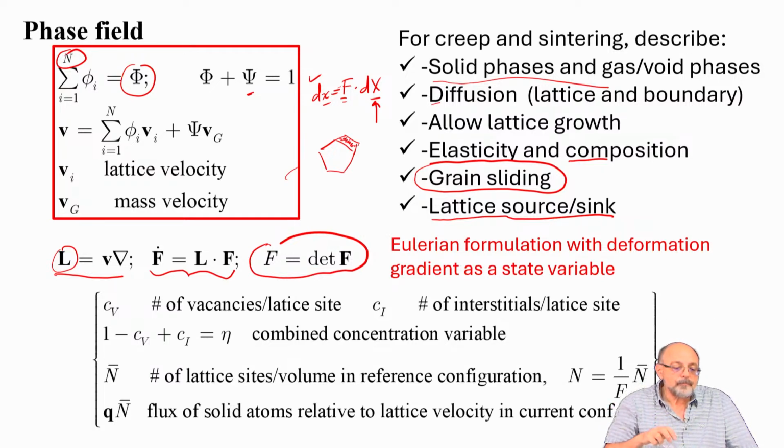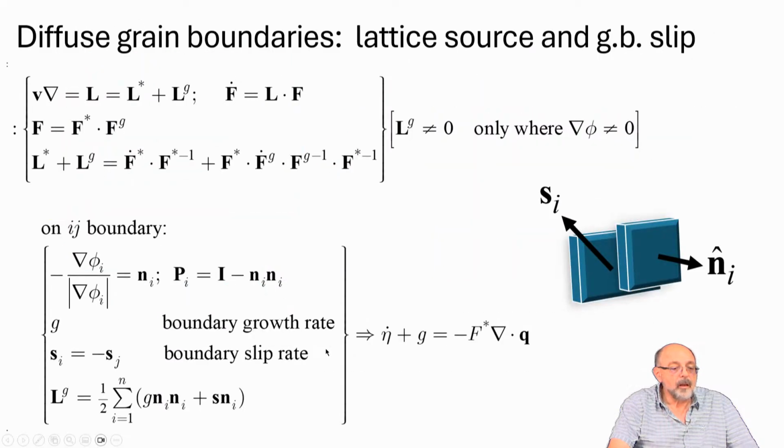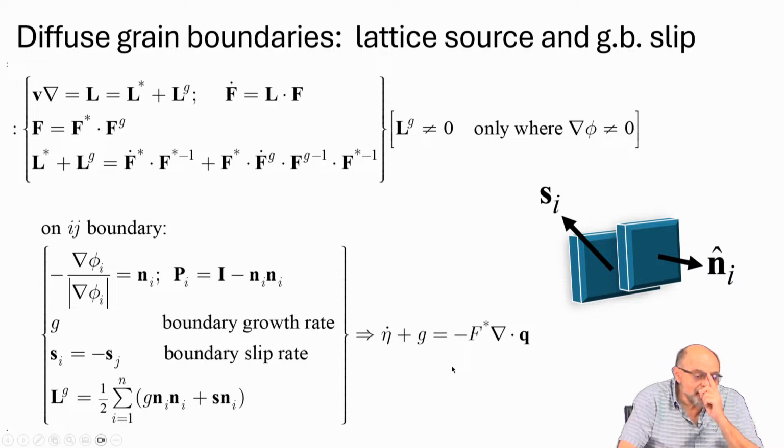So, in my reference configuration, that is the unstressed configuration, I have n bar lattice sites. In the stressed configuration, I have 1 over f by n bar. And Qn is the flux of solid atoms relative to lattice velocity in the current configuration. Okay. Now, this is important.